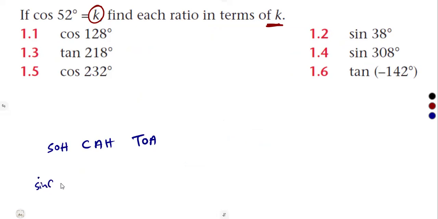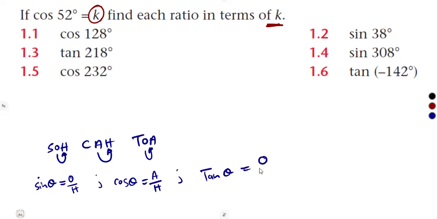Sine of theta being equal to what? Opposite over the hypotenuse. The cos of theta being equal to what? Adjacent over hypotenuse. The tan of theta being equal to what? Opposite over the adjacent, I mean.